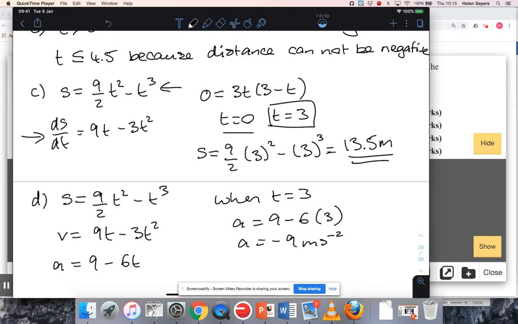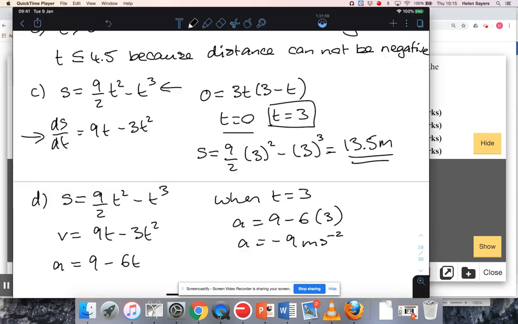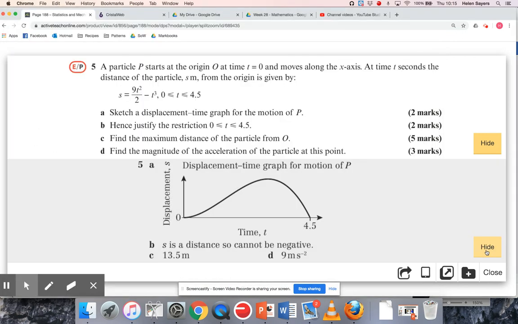But they did ask for the magnitude, so do read every question really carefully, because if they just want the magnitude, they do want me just to then say it's 9. Okay, so obviously the minus tells me that it's slowing down, but that's not what they asked for. They just asked for the magnitude. Okay, let's just check those. Yeah, I think we're good.